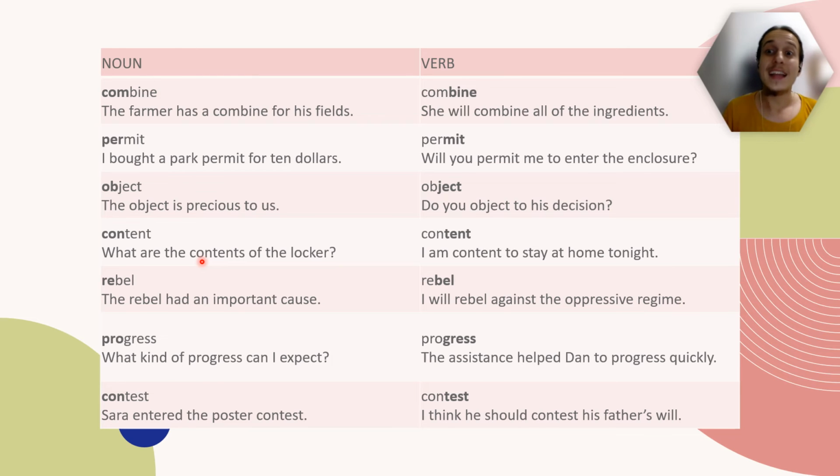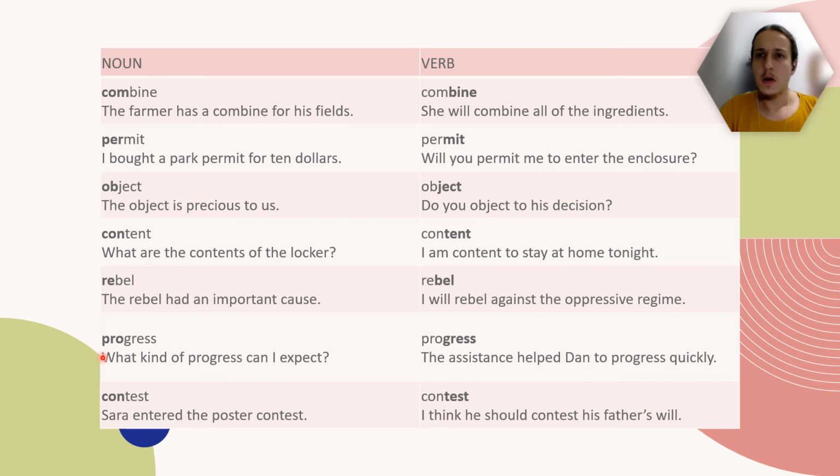For example, the content of this box are chocolates. Content. I am content to stay at home tonight. I am happy to stay at home tonight.